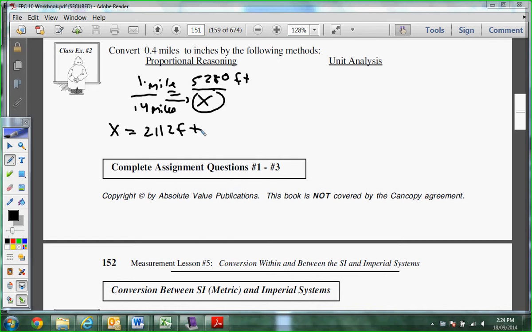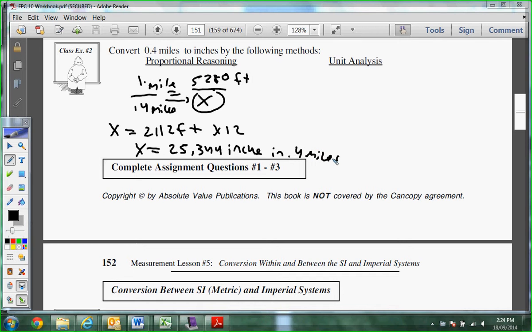Okay, they set up another proportional reasoning. I probably wouldn't on this one because I can just times by 12. So then your actual X for inches in terms of 0.4 miles is 25,344 inches in 0.4 miles. That's what that means.